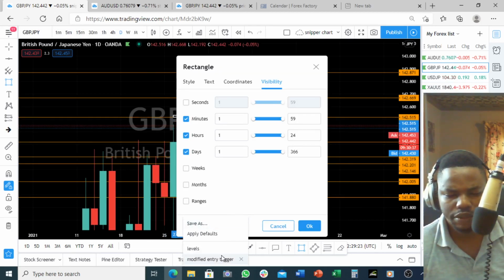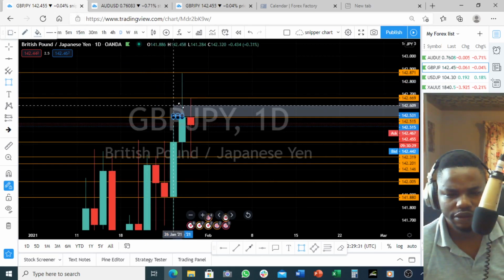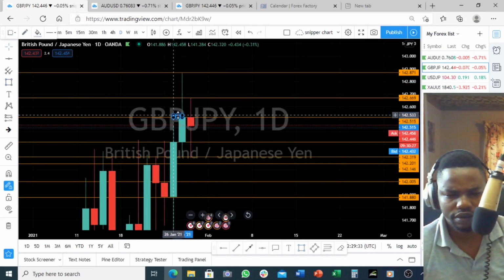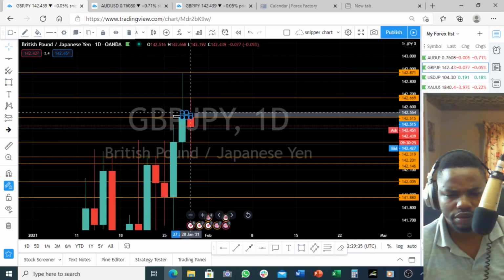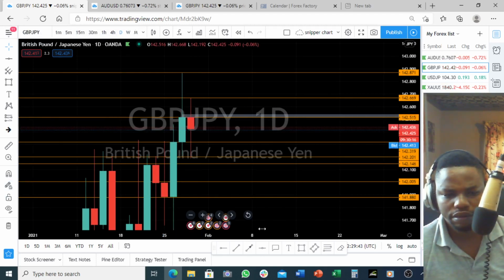Then template, modified. This is a level. No, this is a level. Come on. Okay. Okay, let me move that one.